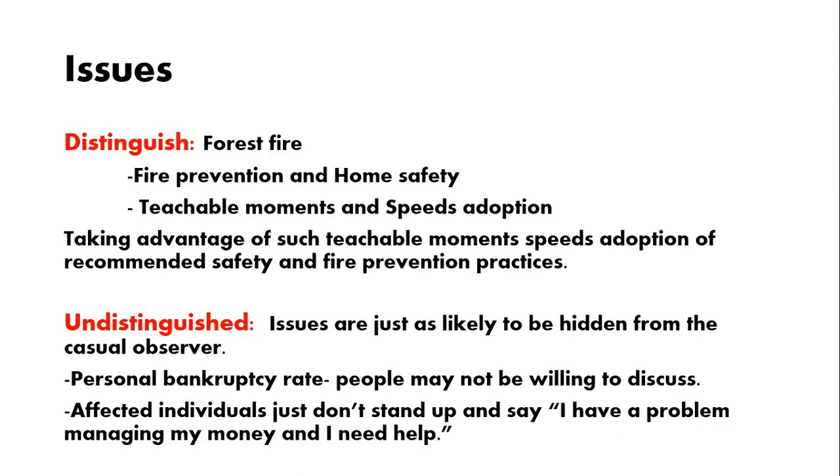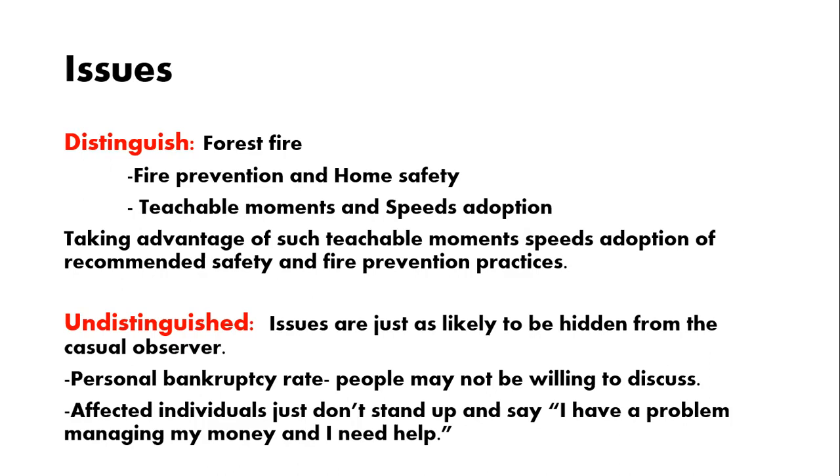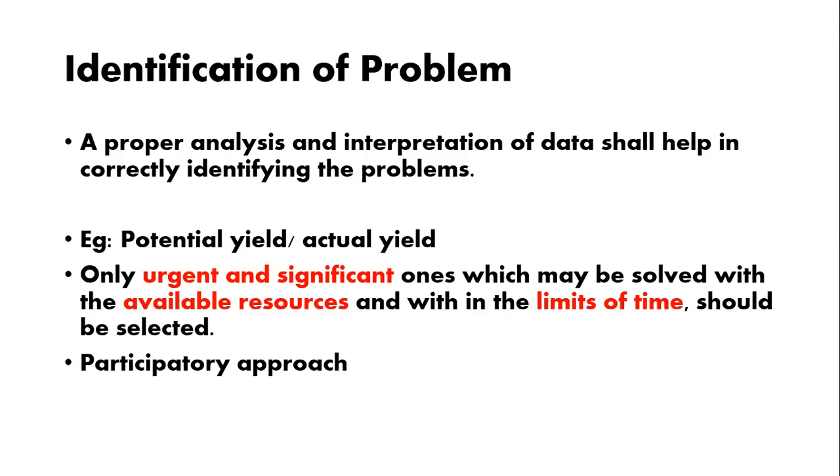What you have to keep in mind is that after the analysis, after listening to the different groups, you can identify two kinds of issues. One is distinguished issues. The second one is undistinguished issues, right? After that, you can identify the problems. The proper analysis and interpretation of the data will help you to correctly identify the problem, right? Imagine the potential need and actual need. Only the urgent and significant ones which may be solved with the available resources and within the limited time should be selected, right?